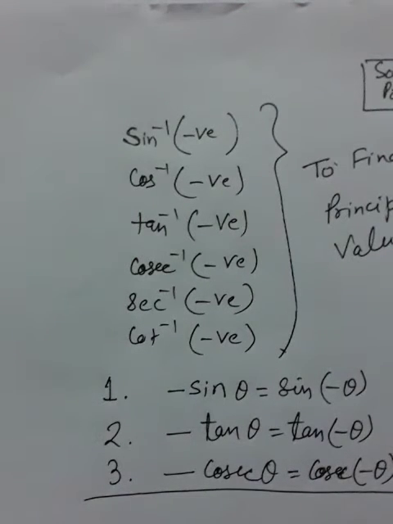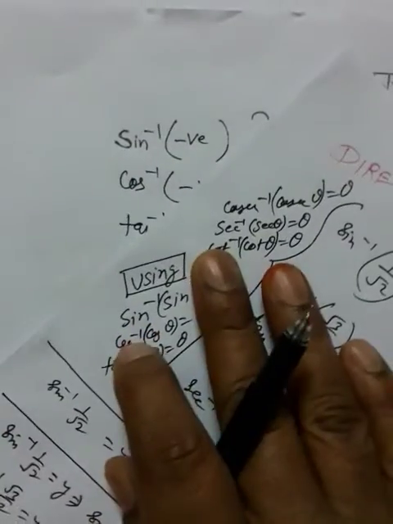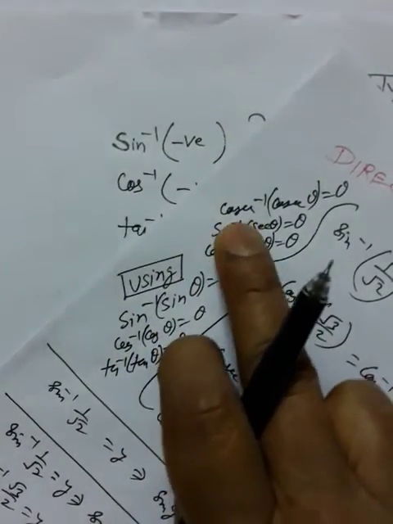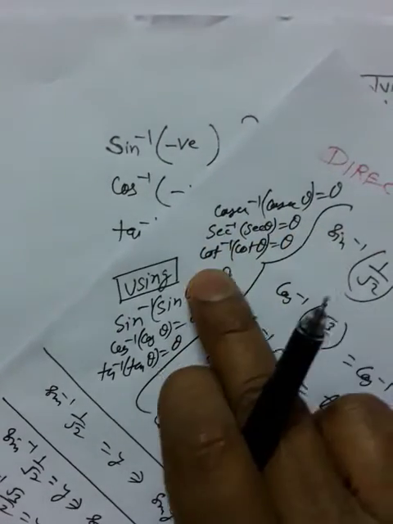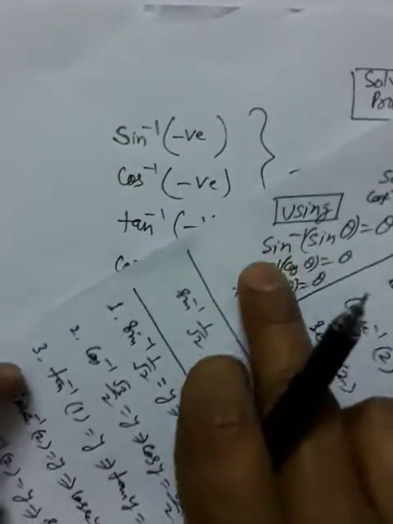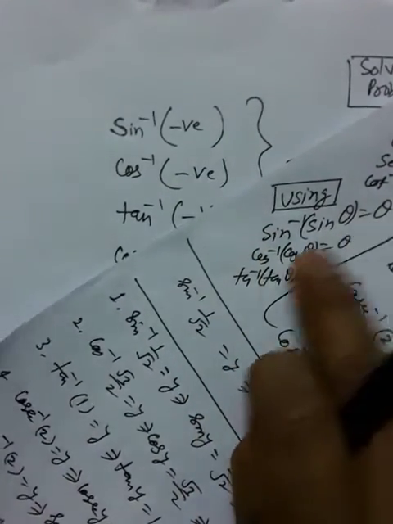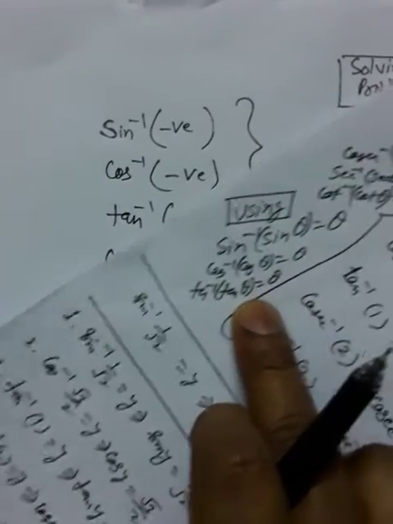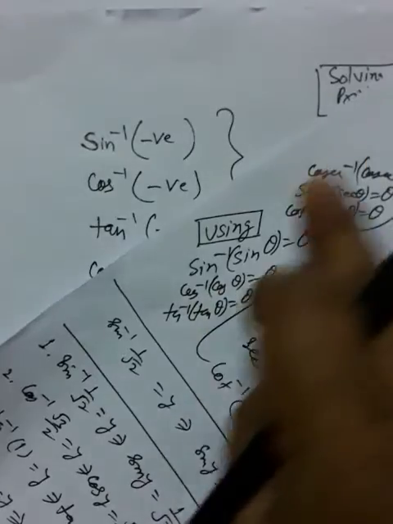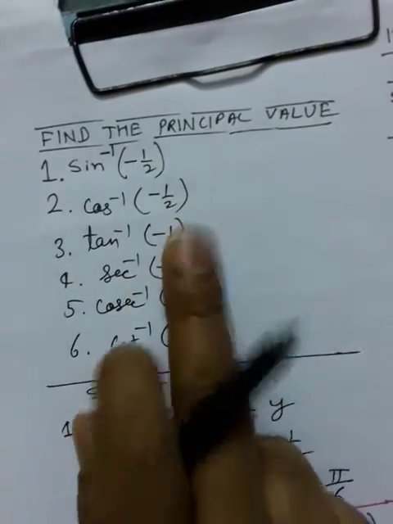By seeing the question you can solve it, using these formulas. Cosec inverse cosec theta is equal to theta, sec inverse sec theta is equal to theta, cot inverse cot theta is equal to theta, sin inverse sin theta is equal to theta, cos inverse cos theta is equal to theta, tan inverse tan theta is equal to theta. And by using this formula we can solve all these problems within seconds. But when it is coming for 2 marks, you have to follow this process.